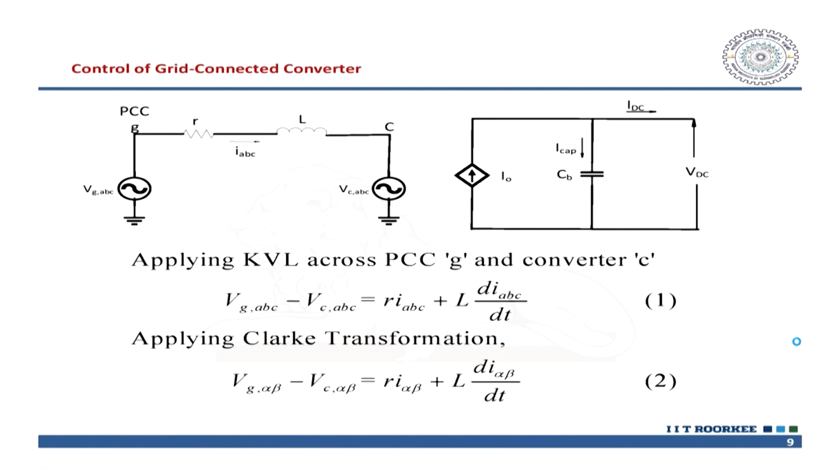Now, we need to come across a few terms, as I was writing on the whiteboard. This voltage is varying, and this is the PCC. Ultimately this is the part of the compensator, which I am writing as C. It can be a shunt active power filter, an active rectifier or anything else.